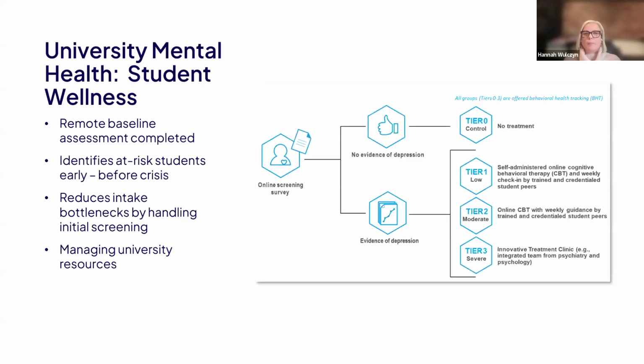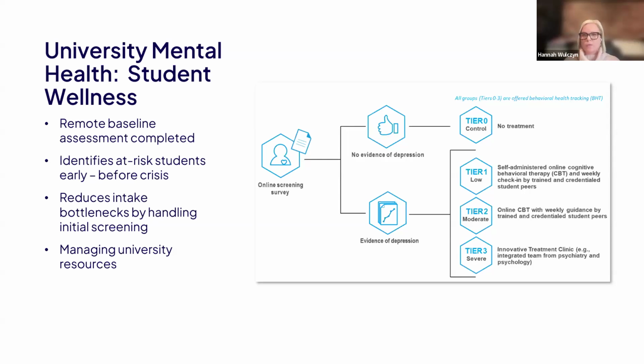And finally, the last example is the university mental health. So student wellness centers and sort of how they've utilized these tools. So in a sense, the goal here is to help identify at-risk students sooner. So understand who needs help now, and doing that in a way that is simple and scalable.